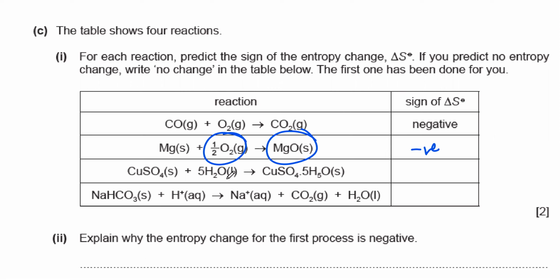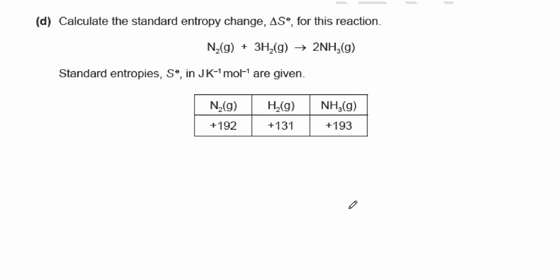You had liquid water, six separate molecules, and they've all joined up to form this one crystal. So that is negative. What about the last one? Solid reacts with aqueous, produces aqueous, gas, water molecules. This one is going to be positive. There's an increase in disorder because a gas is being formed, plus the number of particles is also increasing.